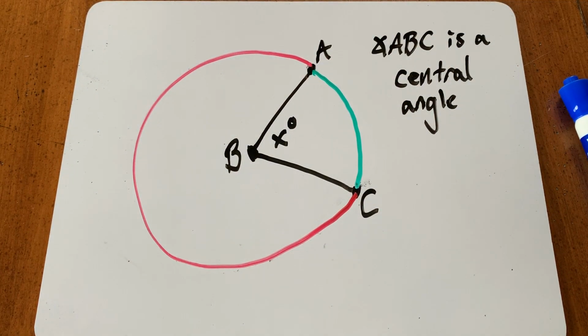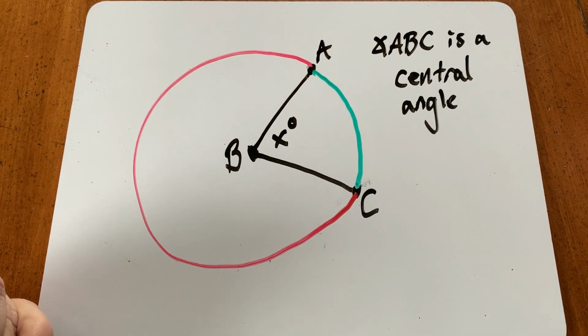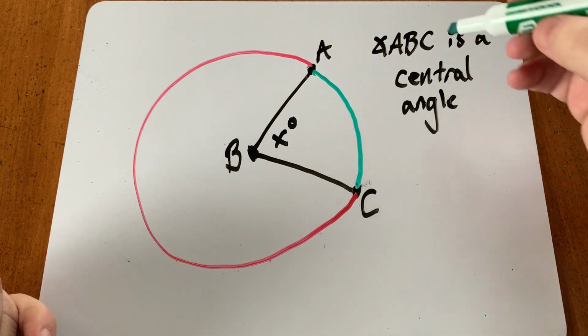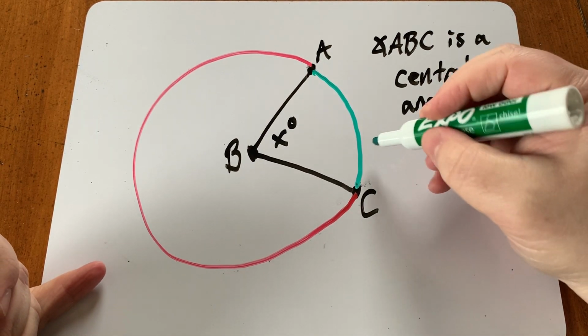But we have those two arcs. That smaller arc is the arc intercepted by angle ABC.